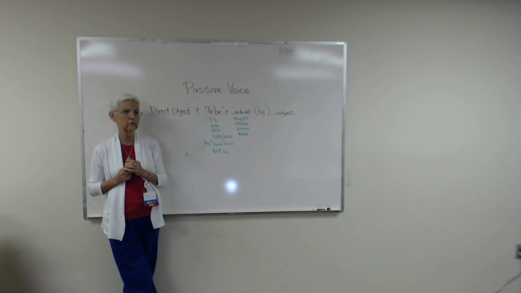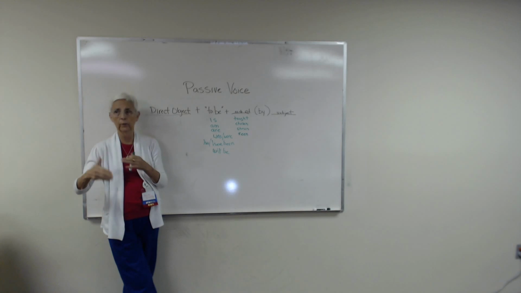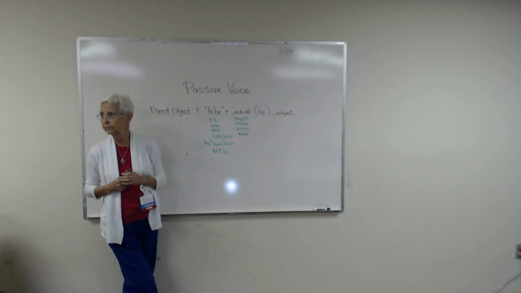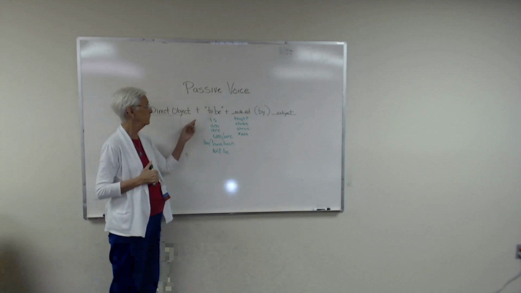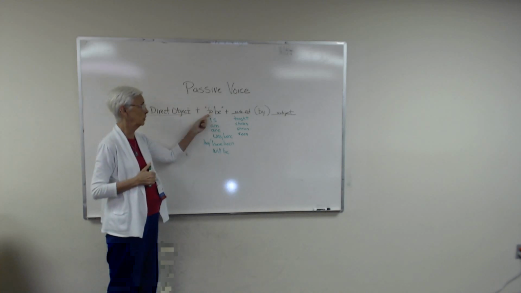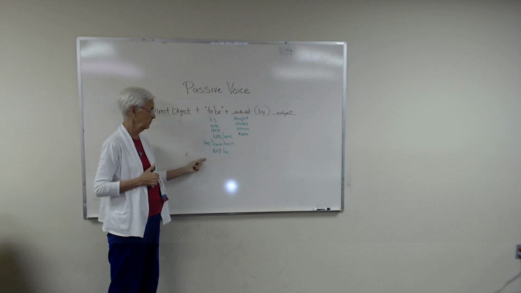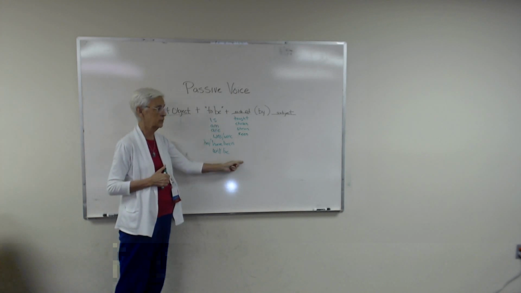Because the ing construction still makes it present. I have been going makes it ongoing. That's not passive. We went, he went, she went. But then you have to have two verbs, one of these and one of these.